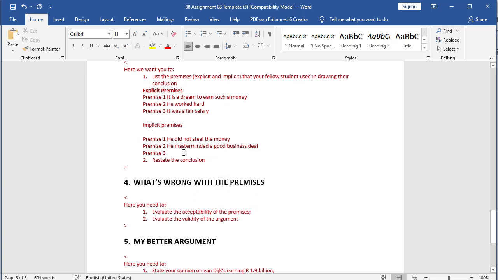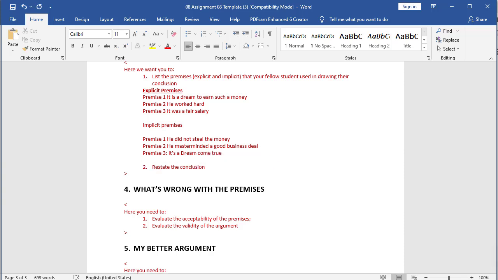Okay, after you get these premises, let me just put it like just like that. I'm not saying it's a premise from that one, but this is what is being implied. We're taking it as it is.